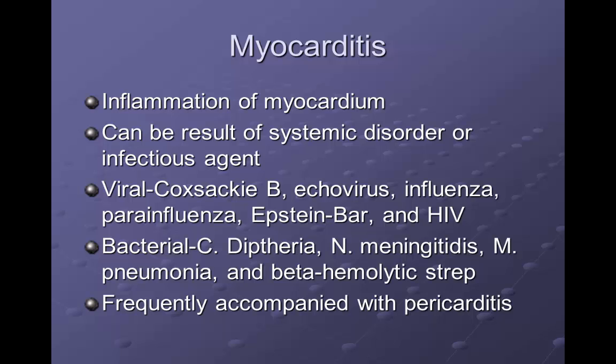Myocarditis is probably caused not only by infectious organisms, even though it's the most common, but also by autoimmune disorders and other exogenous agents. In addition, genetic and environmental predisposition could also produce this.